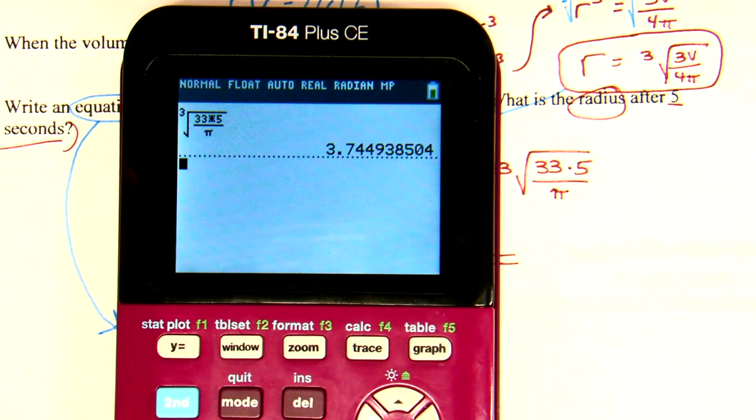Did you guys get the same answer I did? So this is the radius. What is the radius approximately? 3.74. 3.74 what? Millimeters?